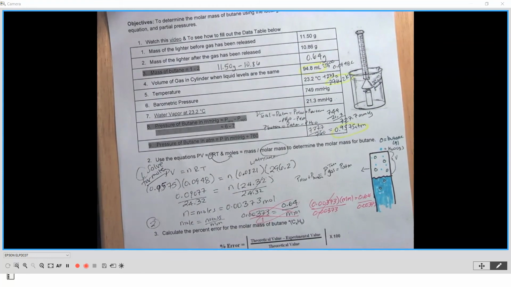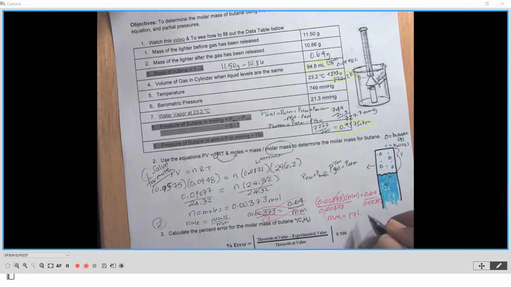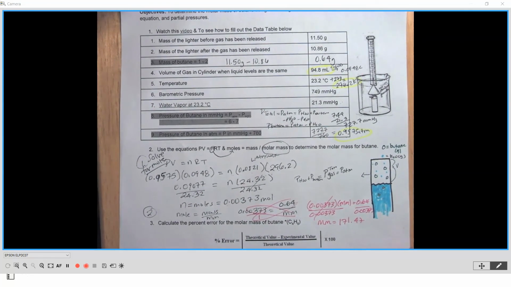And then you get the molar mass to be equal to 171.47. Okay, so that's it in terms of the math.